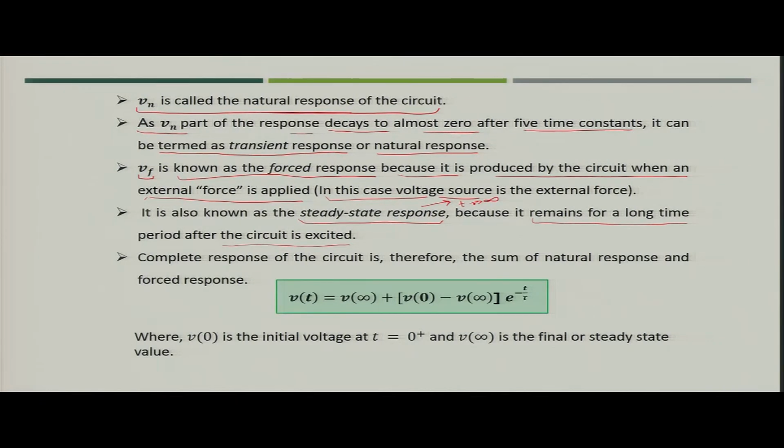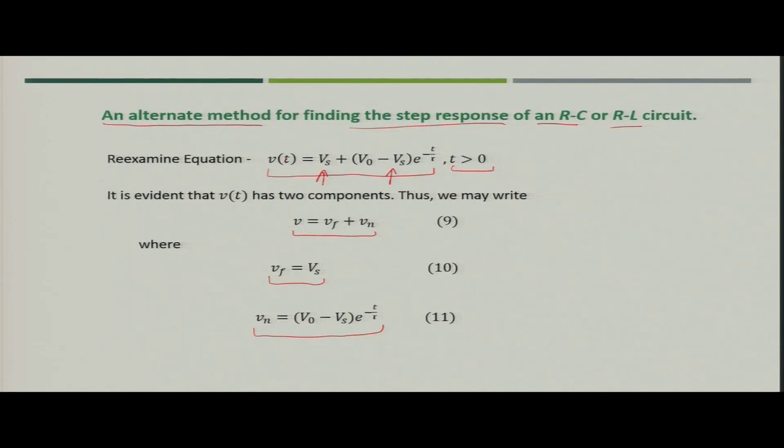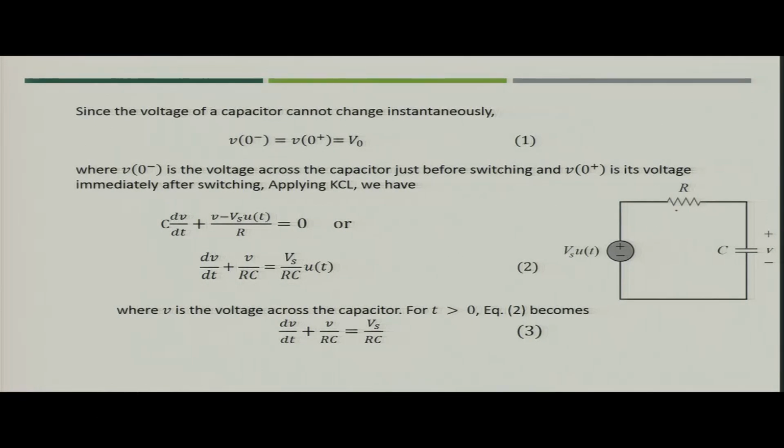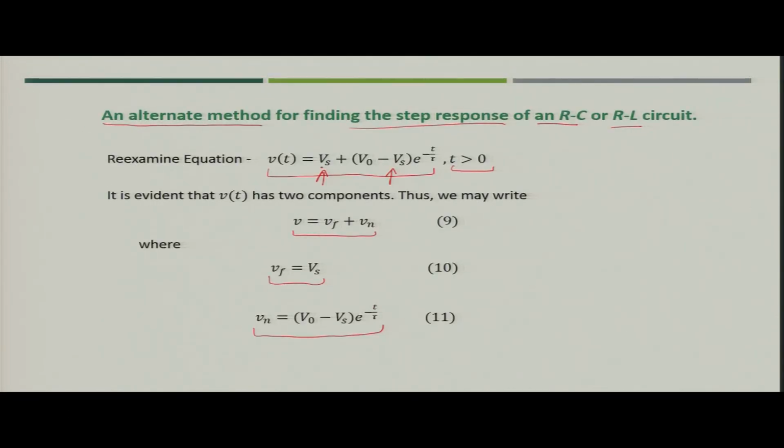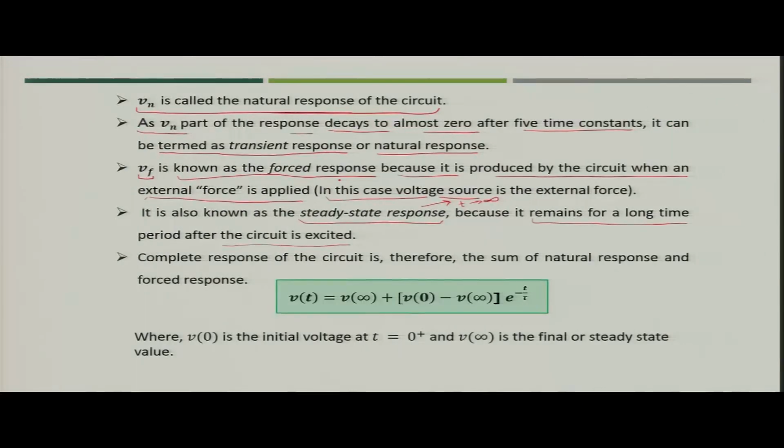So, the steady state response is the response of the circuit when time t tends to infinity. If you see the equation V(t) equal to Vs plus (V0 minus Vs) e to the power minus t by tau, and the figure, the voltage across the capacitor after a very large time, t tends to infinity, would be equal to Vs. Similarly, V0 is the value of voltage across the capacitor at time t equal to 0 minus.